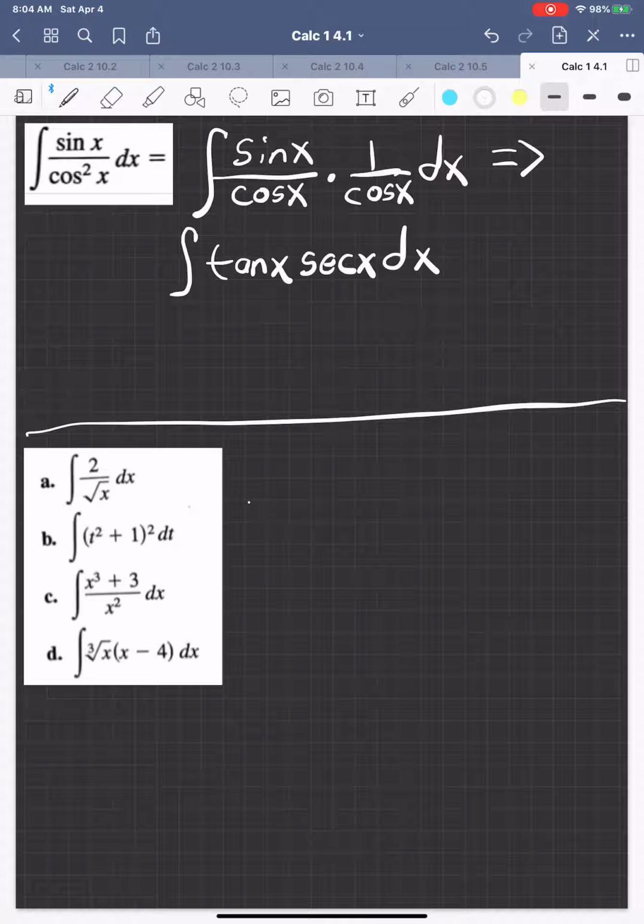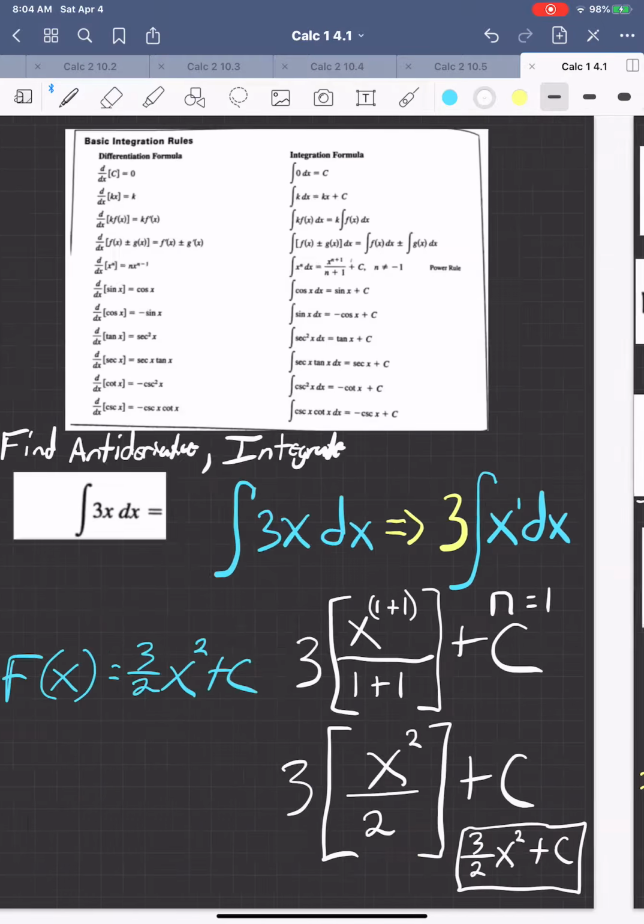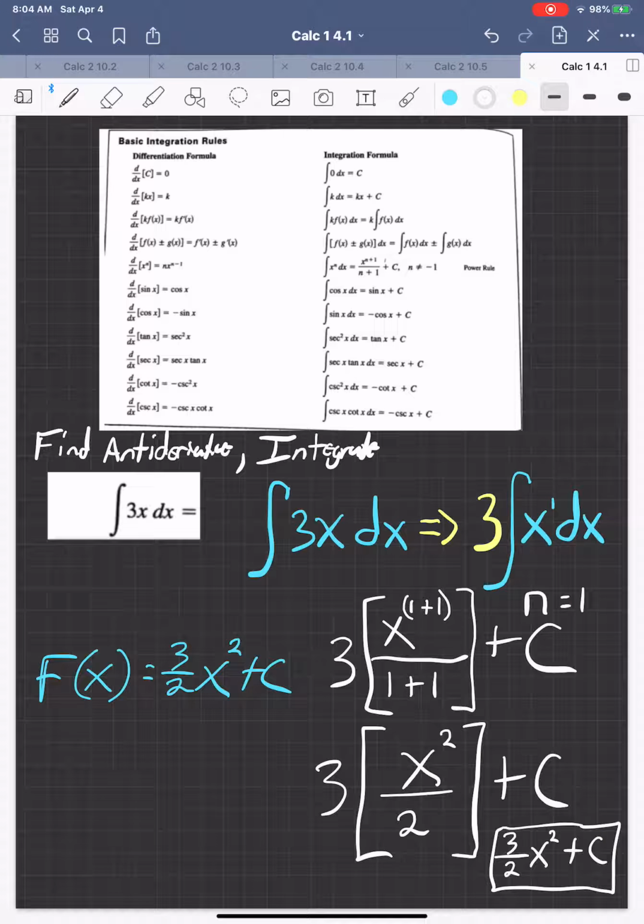So at this stage, if you want to integrate secant tan or tan secant, we're going to have to go back to our integration rules. When you're integrating secant tangent as your integrand, the result is just secant of x plus c.